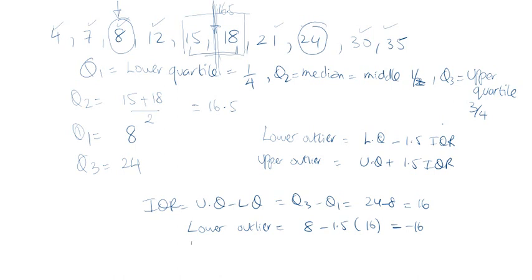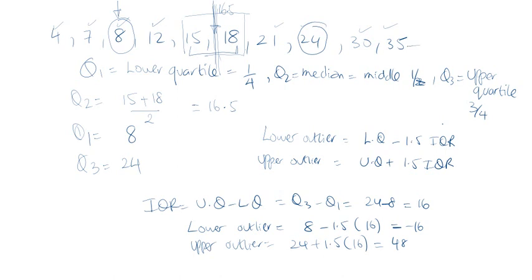Then the upper outlier would be the upper quartile, which is 24, plus 1.5 times the interquartile range. Once again, we replace it by 16 and we get 48, because it's 24 plus 24. So 48 will be that cutoff point from which any value beyond that will be an outlier.